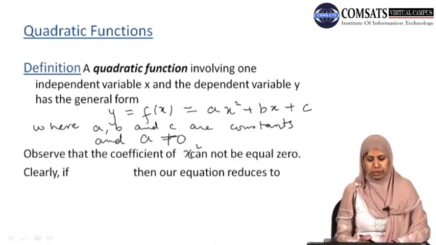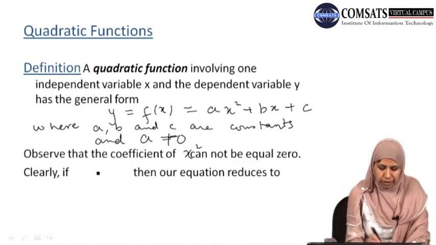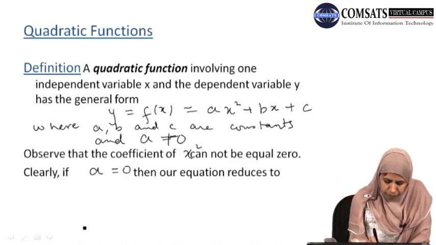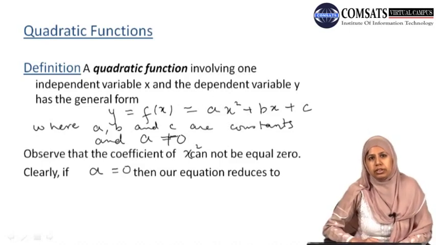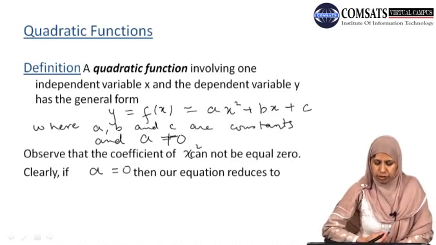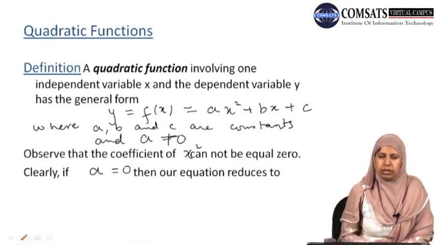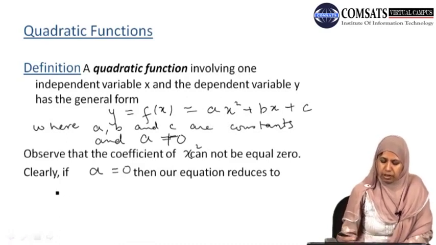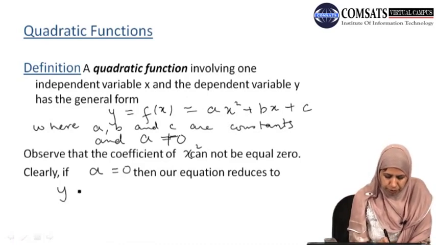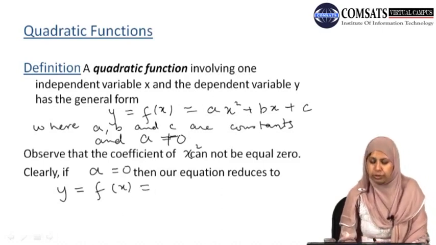Now we observe that the coefficient of x² cannot be equal to 0, that is, a cannot be 0, because if a is equal to 0, what will happen? Any guess what will happen when a is equal to 0? Okay, let's see. We put the value a = 0 in our general form, and our function y = f(x) reduces to what?